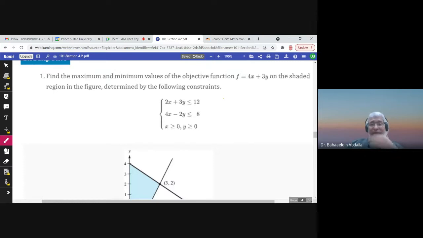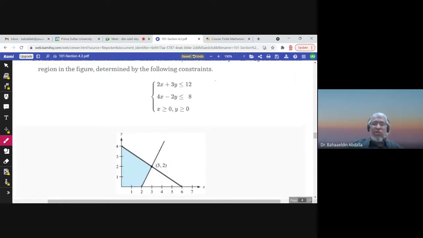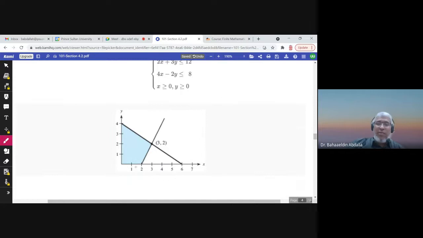Find the maximum and minimum values of the objective function on the shaded region in this figure. So this is the shaded region. It's closed and bounded. So there will be a maximum and minimum. I need to find the corner points. This corner point is (0, 4).